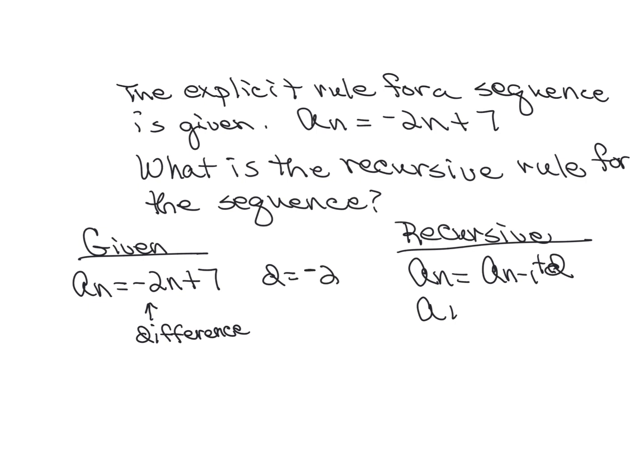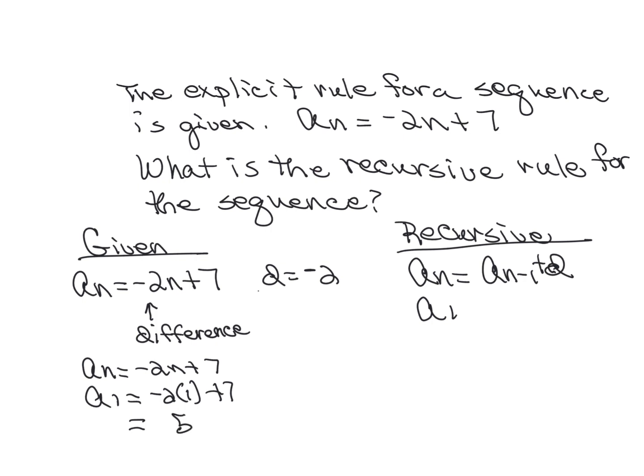Now, I also have to know what a sub 1 is. That means to find a sub 1, I'm going to take my explicit rule and replace n with 1. So a sub 1 would be equal to negative 2 times 1 plus 7, which would be equal to 5.